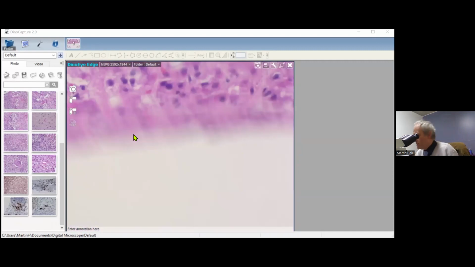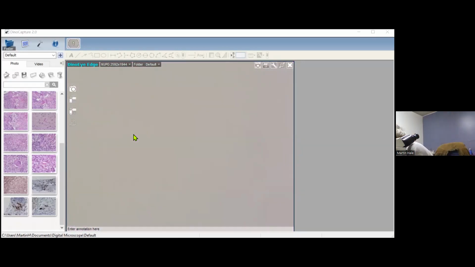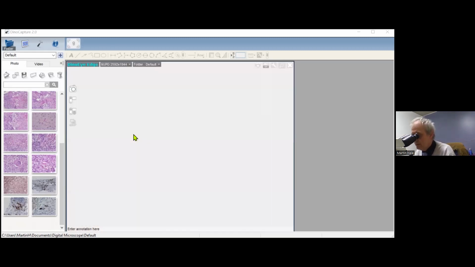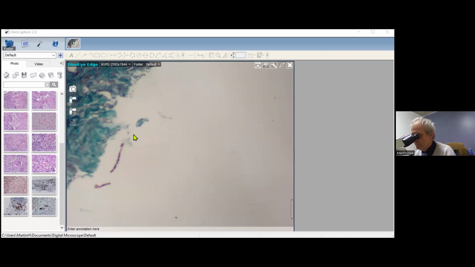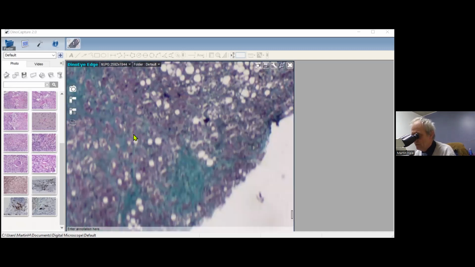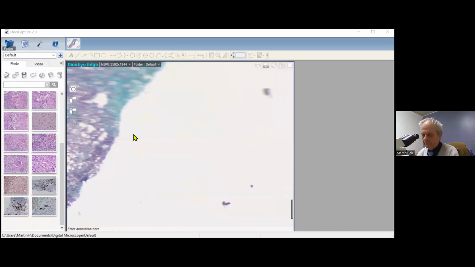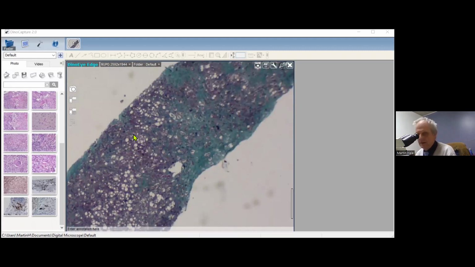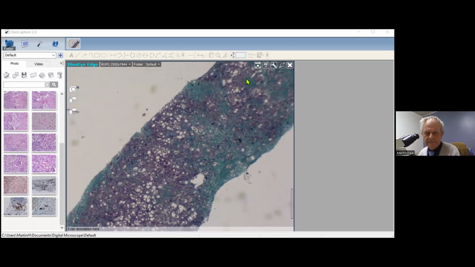And then when we go to the fibrosis, we can see the fibrosis, and you can see all the green.